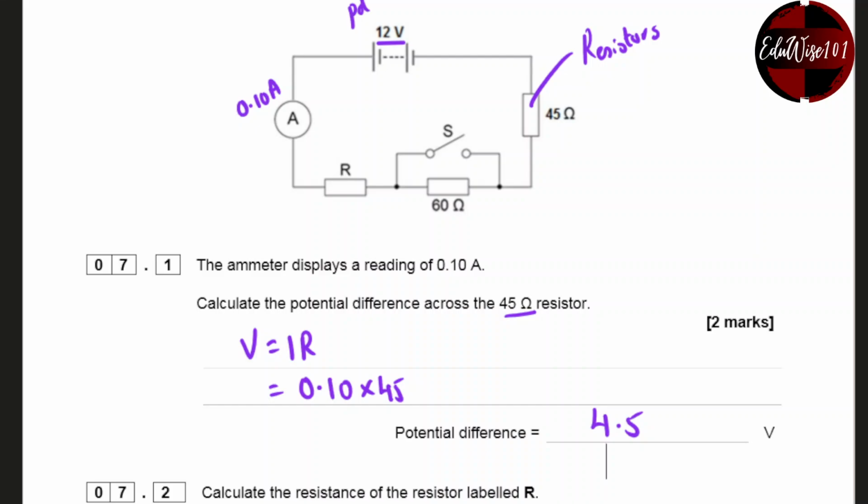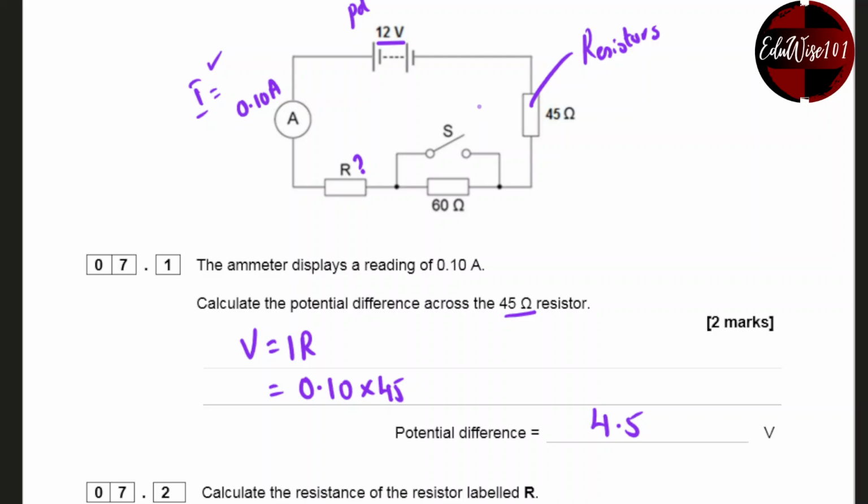7.2. Calculate the resistance of the resistor labeled R. How do you calculate the resistance labeled R here? Now, if the current in the circuit is 0.1, we will need that.